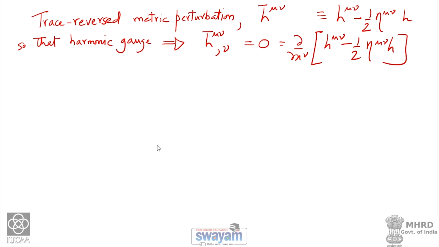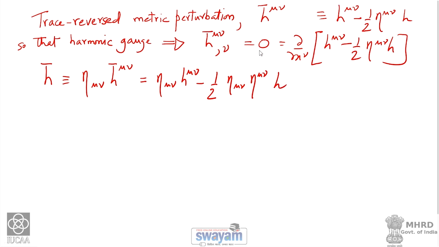So, let us do that. So, h bar, the trace by definition, is eta mu nu h bar mu nu, which is eta mu nu h mu nu minus half eta mu nu eta mu nu h. Eta mu nu h mu nu is the trace of h mu nu, which is h, minus half. Eta mu nu eta mu nu is nothing but delta mu mu, mu is running from 0 to 3, and therefore, it picks up a factor of 4, and hence h minus 2h is minus h.